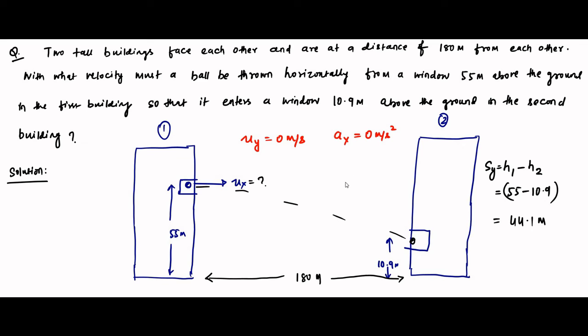Gravity is acting downwards, so it is supporting the downward motion of the ball because it is moving from one window to another which is at a lower height. So ay is equal to plus g, nothing is mentioned, so 9.8 meters per second square. And the net horizontal displacement Sx is the separation gap between the two buildings or the two windows, that is equal to 180 meters. So this much parameter assignment is done.